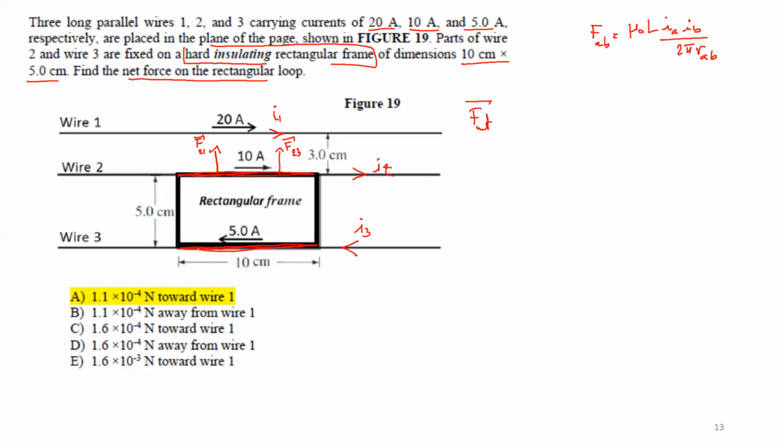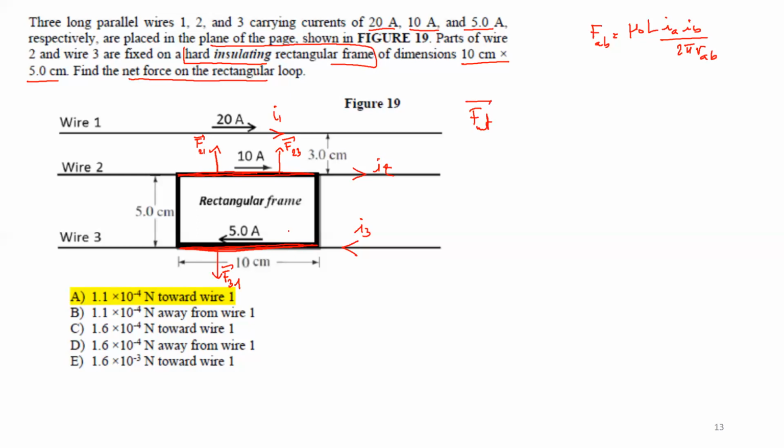Now, what about this side here? What are the forces applied to this side? First, I will have what? Force on 3 by 1. What do you think? Will it be an attractive or a repulsive force? It will be a repulsive force, right? Because they are going in opposite directions. So here I will have force on 3 by 1.